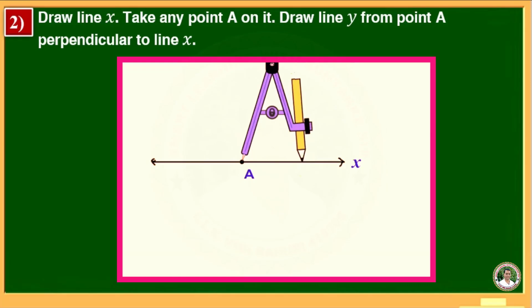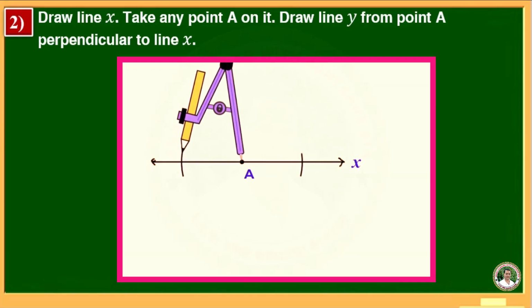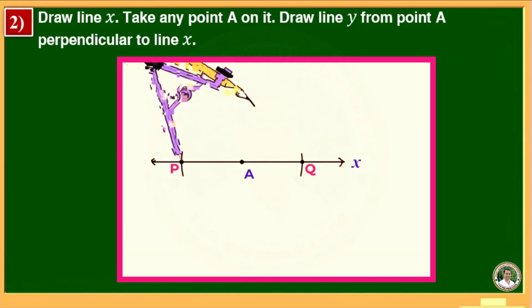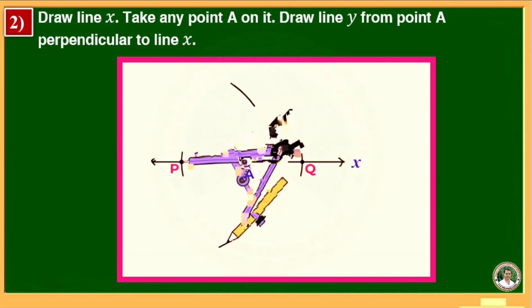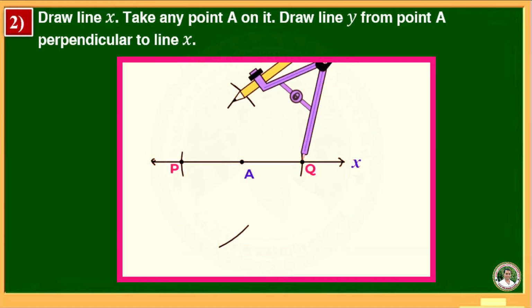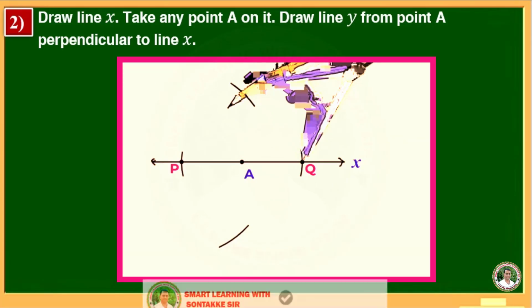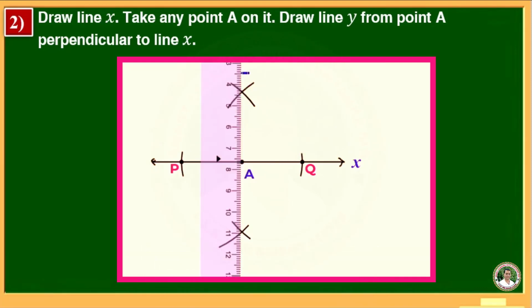Pointed end of a compass on point A and draw two arcs on the line X on both sides of point A at same distance and name the points P and Q. Now with P as a center and radius equal to more than half of the distance PQ, draw arcs on both sides of line X. Next, keeping the same distance in the compass, keep pointed end of the compass at point Q. Draw two arcs which intersect previous arcs.